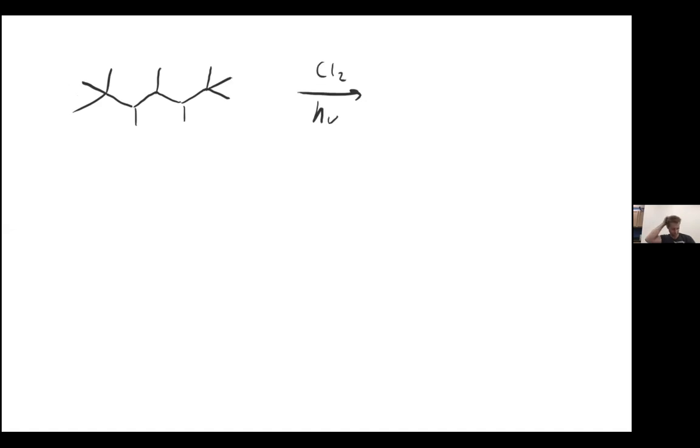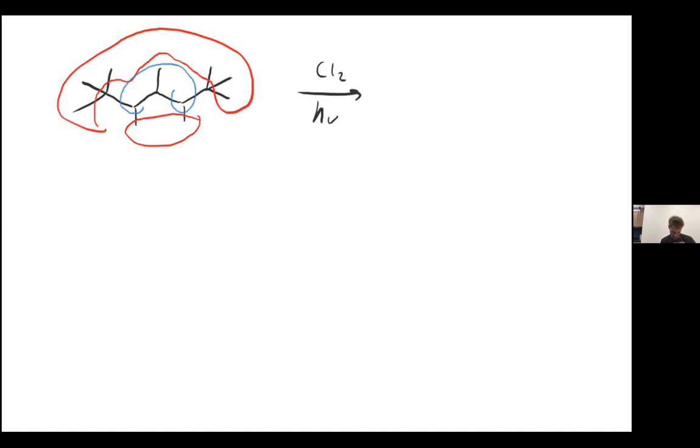Okay, so let's start with our primary positions. We've got a bunch of them. We're going to have a lot of symmetry in this molecule, so pretty much everything here is going to be the same. These two are going to be the same. And then these two here are also going to be the same.